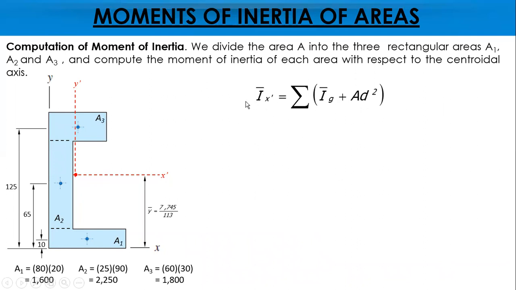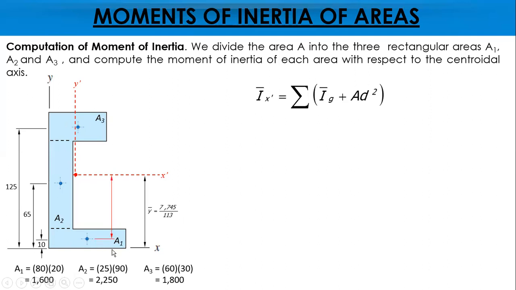For the first element, we solve for D1. Since all of the elements are rectangles, their centroidal moment of inertia is the same, 1 over 12 b h cubed. And then the area, given D. Okay, so let us start with D1. D1 is the distance from the centroidal x-axis of element 1 to the x prime axis of the whole area.